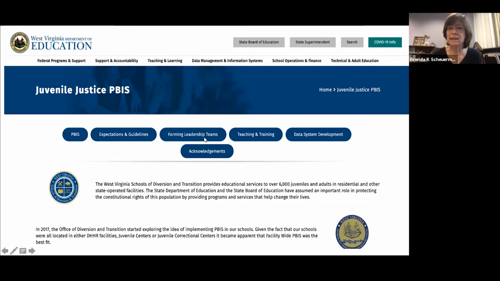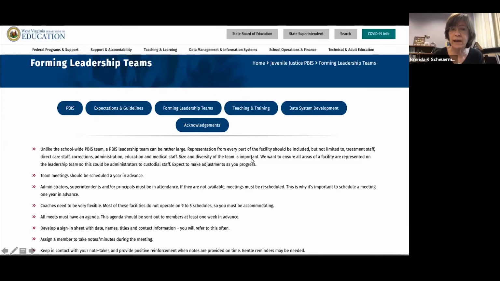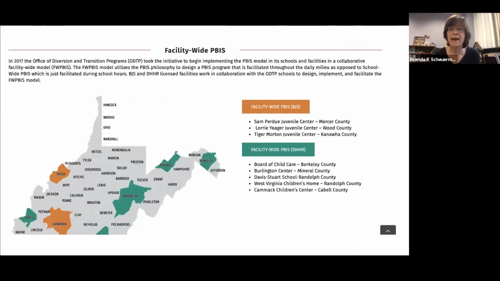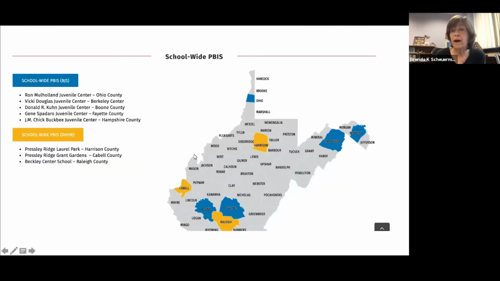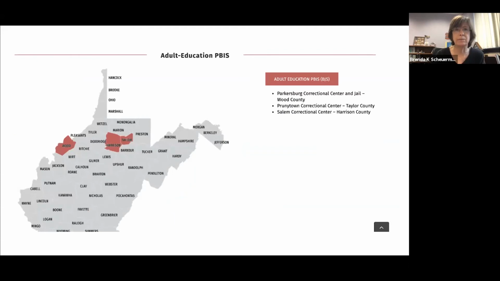They provide a link to little descriptions about the core components of PBIS in those alternative programs. And then they provide maps showing where PBIS is being implemented in alternative programs around the state and the types of alternative programs where PBIS is being implemented.